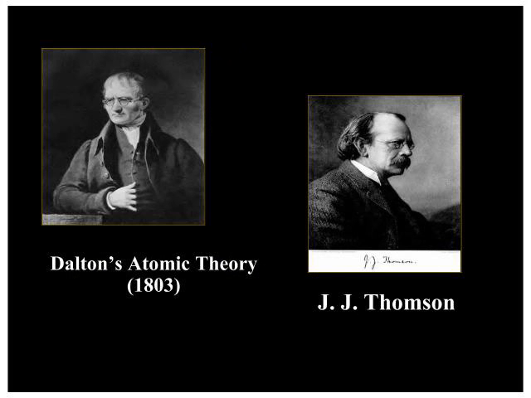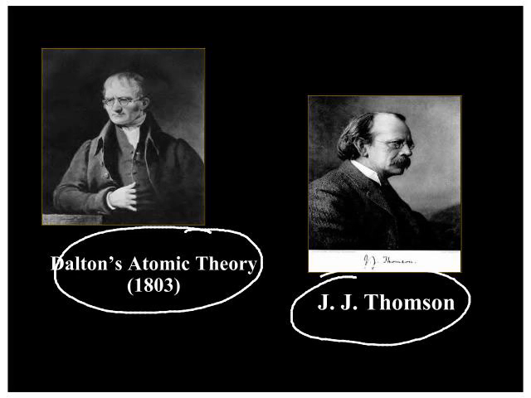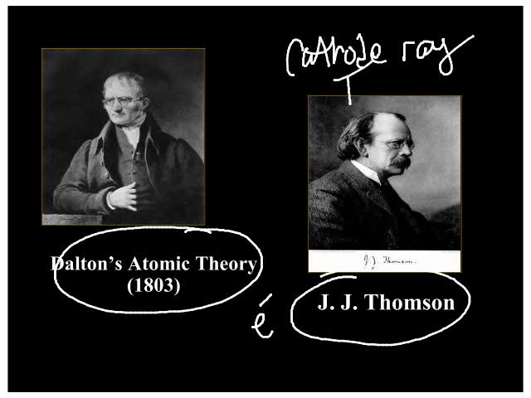Some of the experiments that the AP test will test you on, as far as historical experiments, would be Dalton's atomic theory, J.J. Thomson's discovery of the electron with his cathode ray tube. So again, you want to know that experiment upside down and backwards.